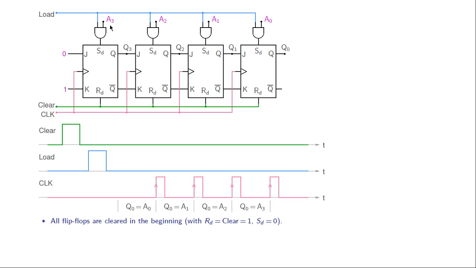That variable is A3 here, A2 here, A1 here, A0 here. And A3, A2, A1, A0 represents a binary number. And what we are going to do is to load this binary number into these flip-flops to begin with.